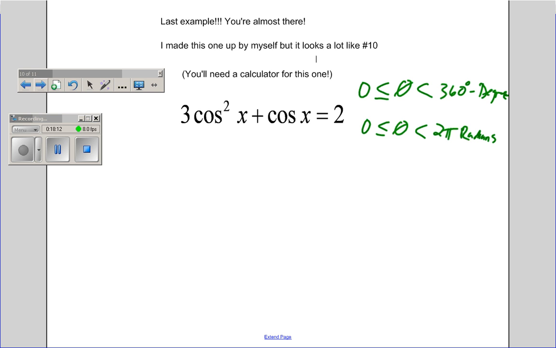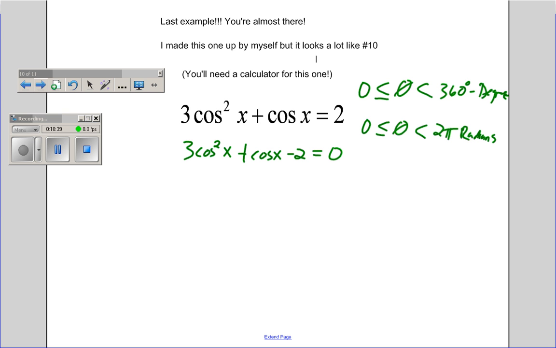Okay, so the first thing I would do here, instead of just pulling out a cosine, is go ahead and pull this 2 over, and you'll see why here in a second. We've got 3 cosine squared x plus cosine x minus 2 equals 0.